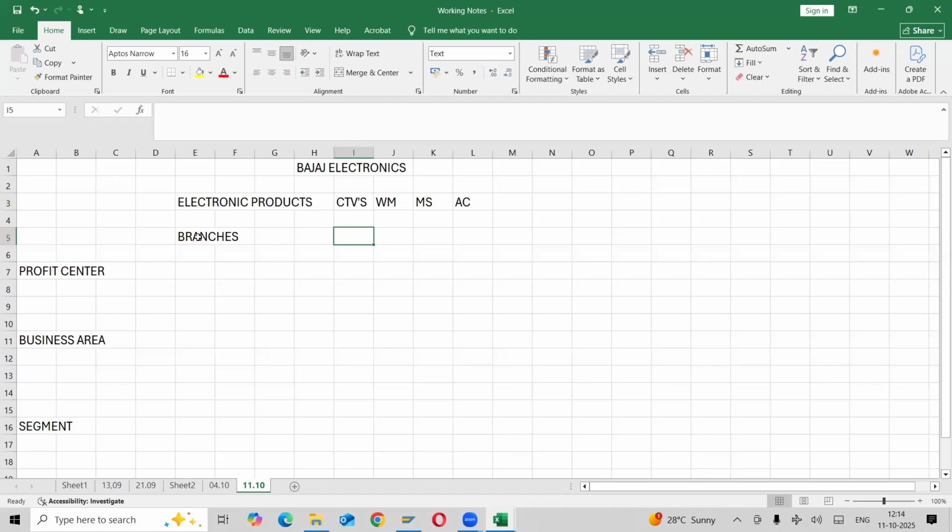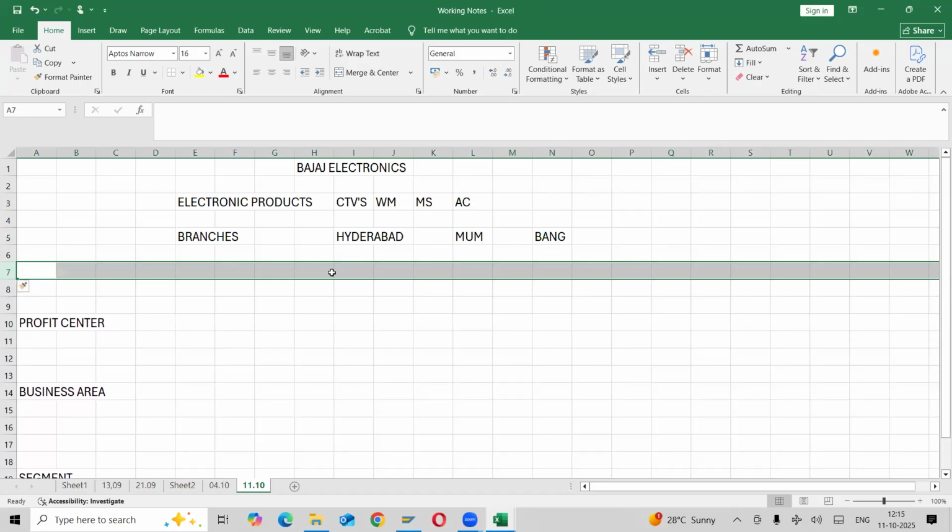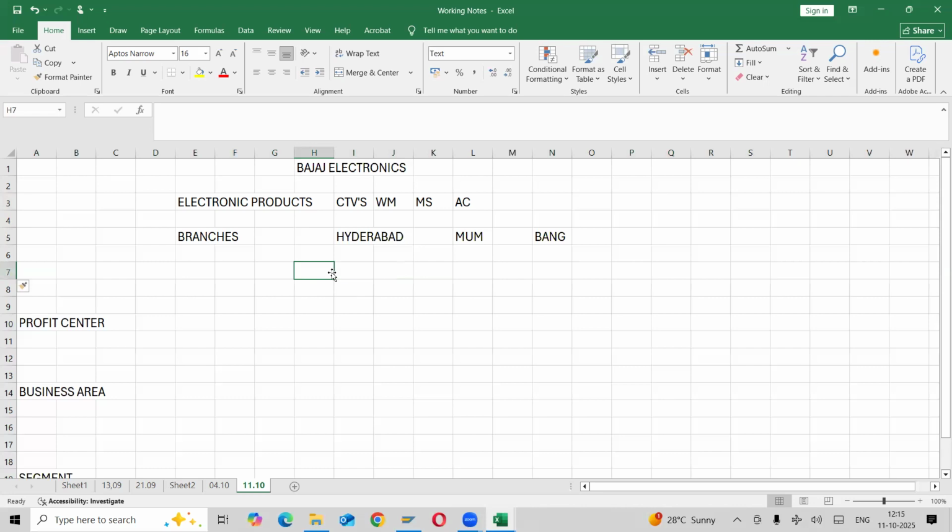So here I have Hyderabad, next one Mumbai, next one Chennai or Bangalore. Next one, branches in Hyderabad again. In Hyderabad, we have different regions, for example Dilshuk Nagar, Kukatpally, Chandanagar, like this.